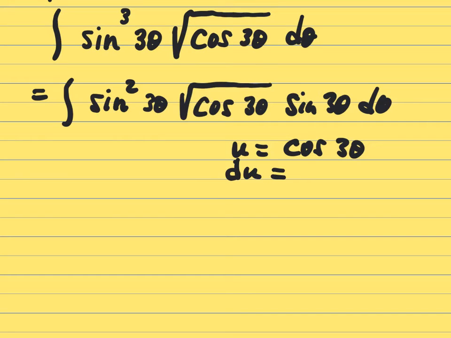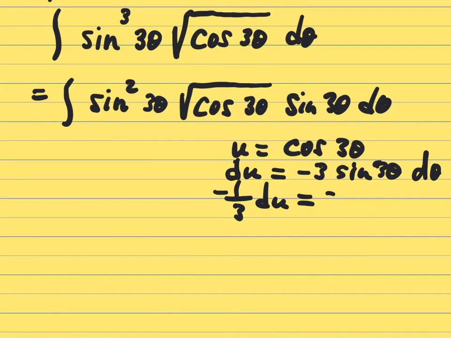Using chain rule, we're going to get a negative 3 sine 3 theta. Divide both sides by negative 3. That's negative 1/3 du equals sine 3 theta d theta.